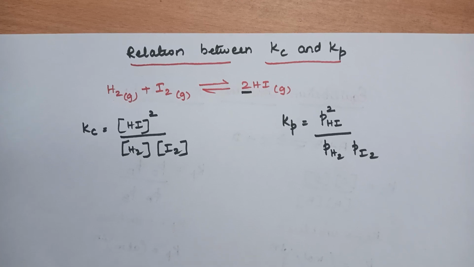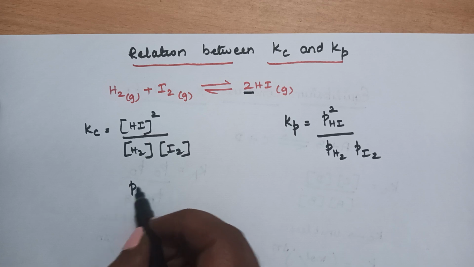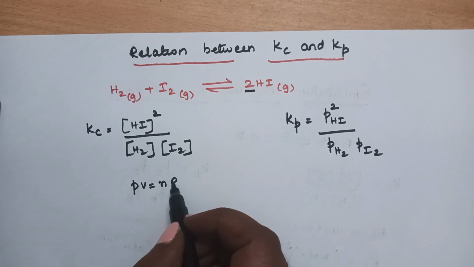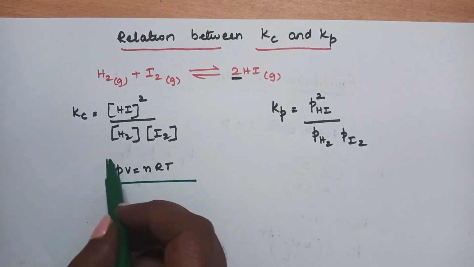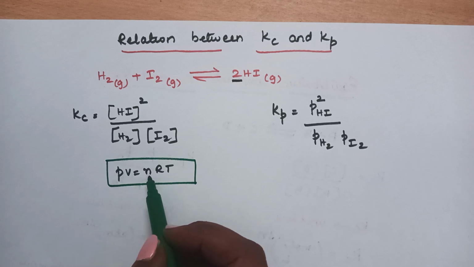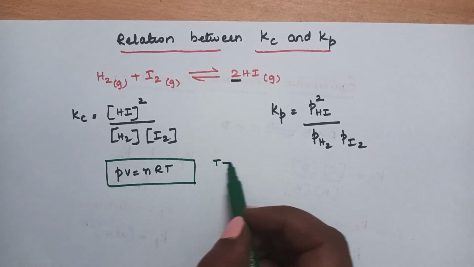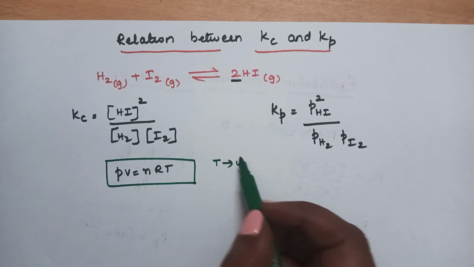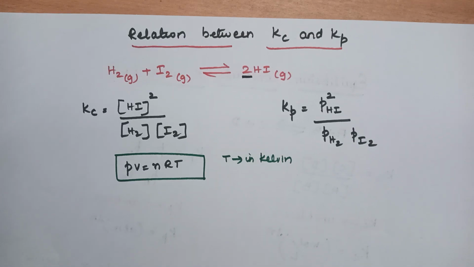Students, now we know that the ideal gas equation is PV equals nRT. P is the pressure, V is volume, n is the number of moles, R is called the gas constant, and T is temperature in Kelvin scale.